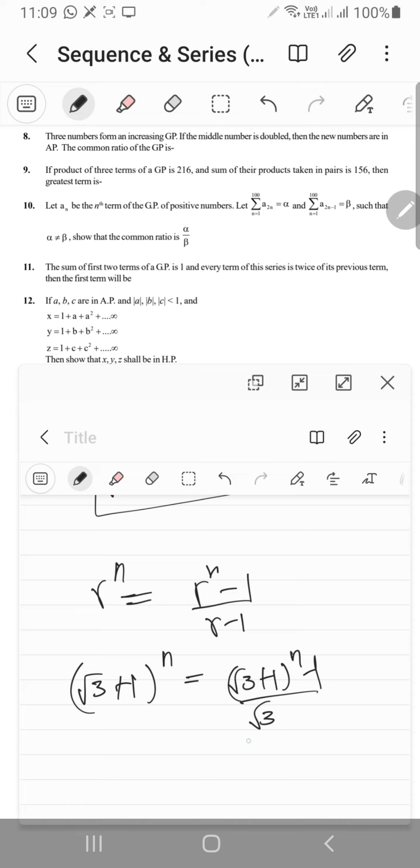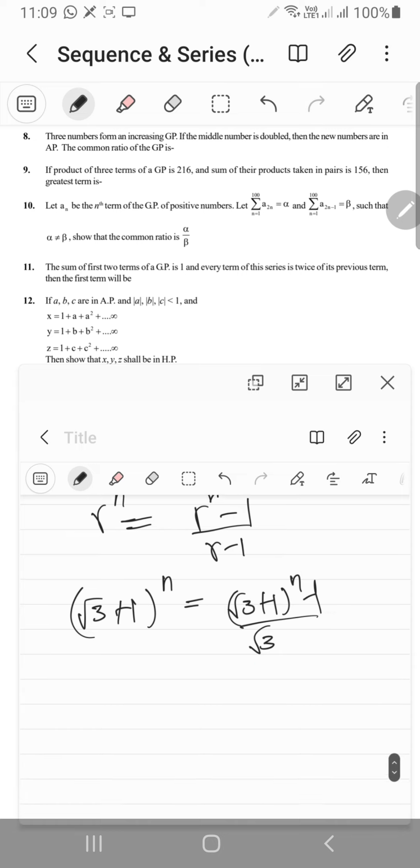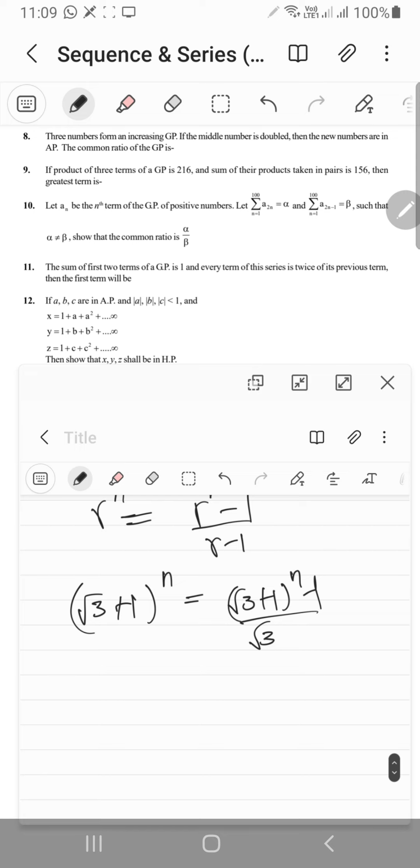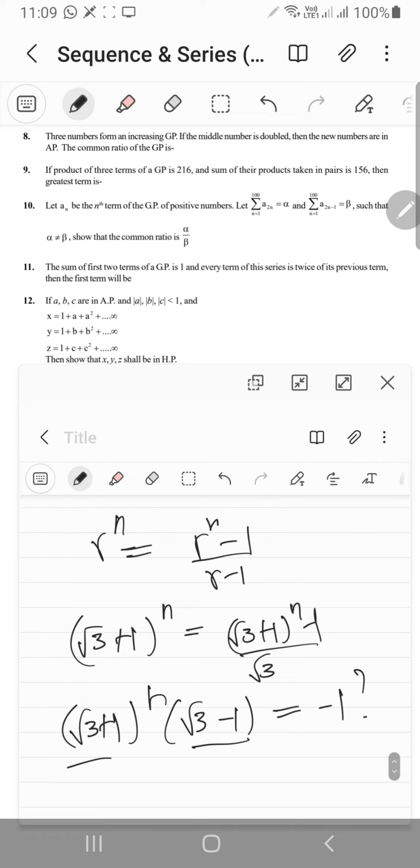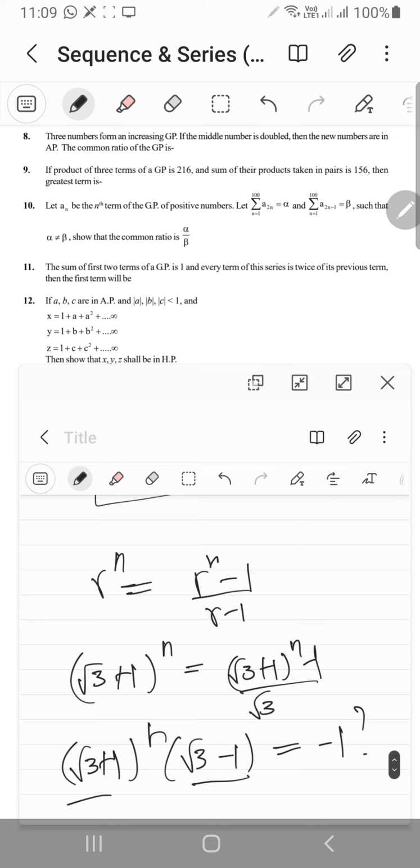Will this work for everything? Looks doubtful, you know. Square root 3 times that. Okay. It's like square root 3 plus 1 to the power of n times square root 3 minus 1. Wait, what? That's equal to -1, but this is positive. How can that even be? Yeah, this makes no sense at all.